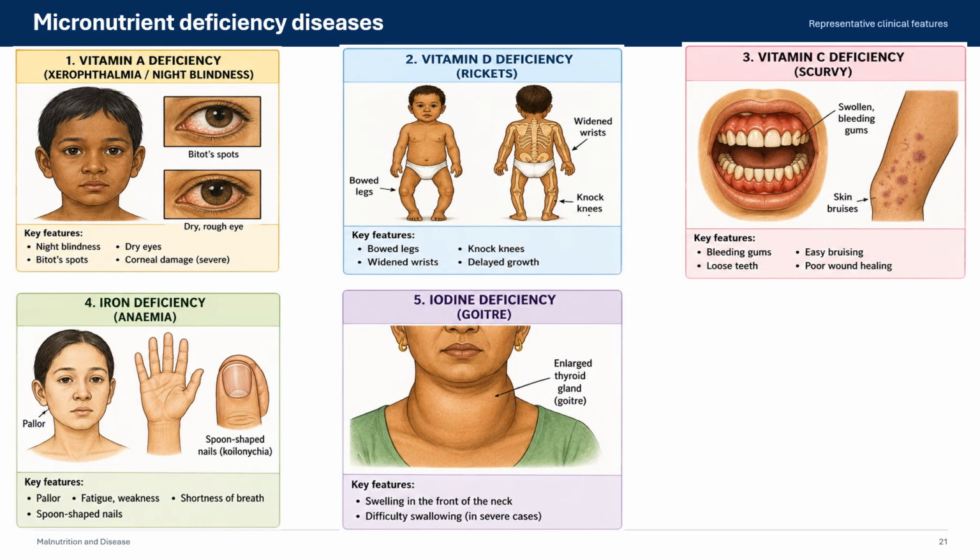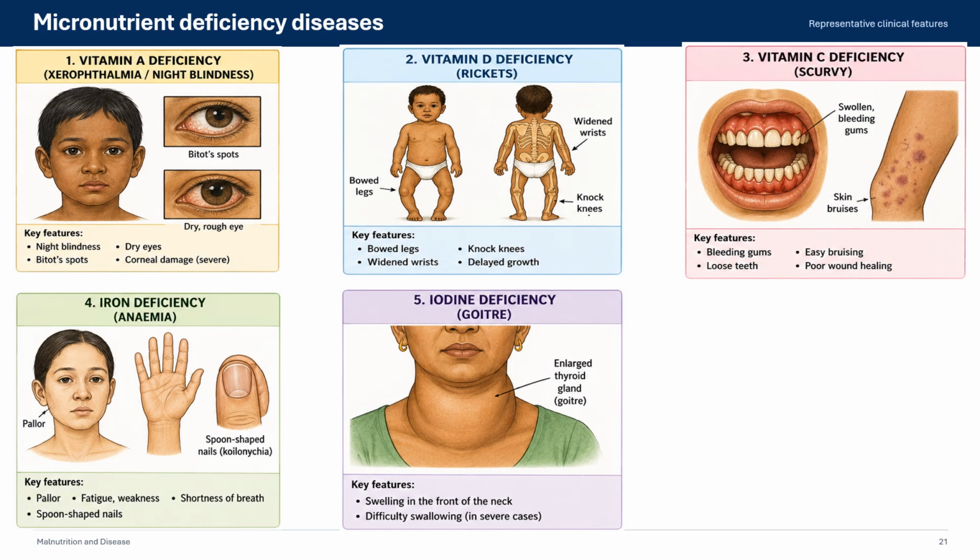Iodine deficiency disease generally leads to goiter. Iodine is required for thyroid hormone production and normal brain development.